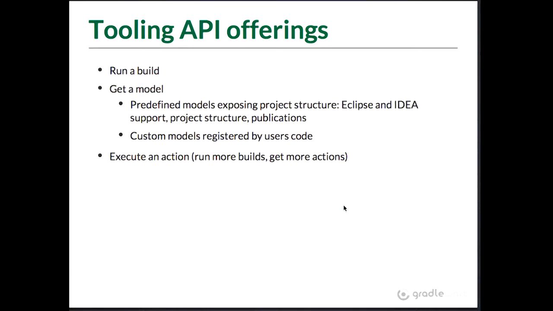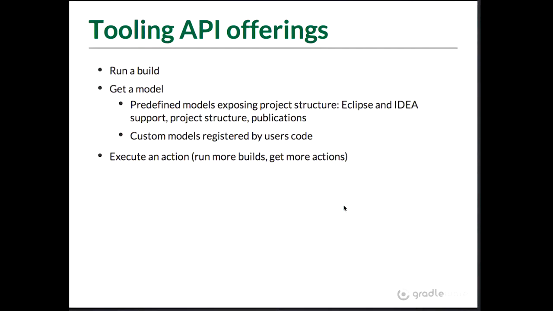And since the early days of the tooling API, there was an Eclipse project and an IDEA project. So those are 2 often used models exposed by that tooling API. And those are evolving over time.